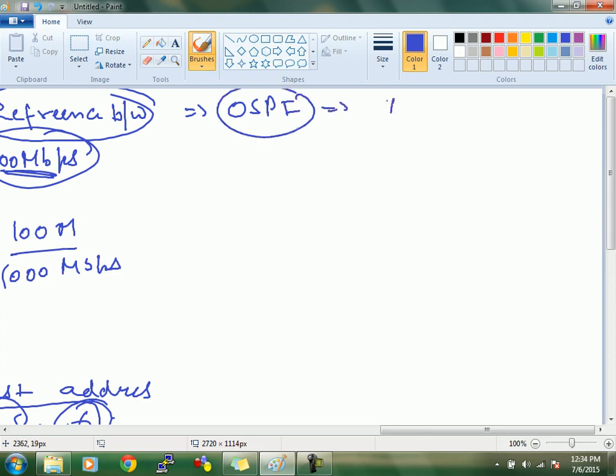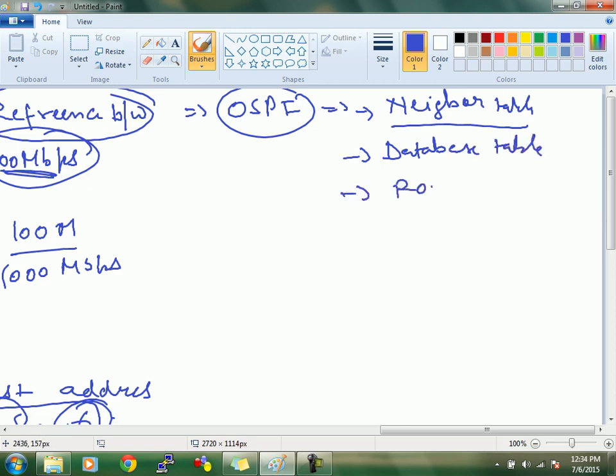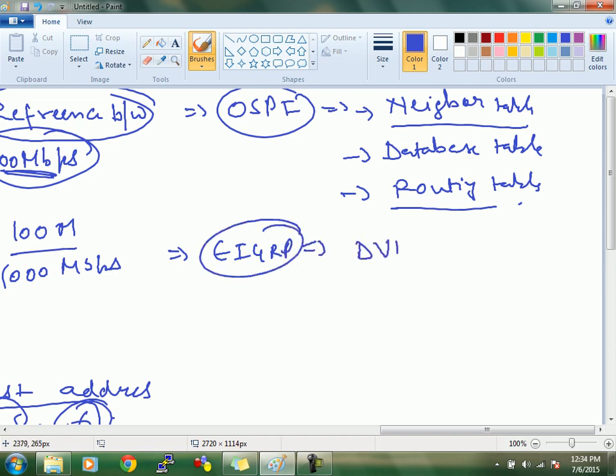OSPF will also maintain three tables. First is called the neighbor table. In EIGRP we have topology table, but in OSPF we have database table. Third table is routing table. Guys, all of you know EIGRP is a DVRP protocol. Works like DVRP.